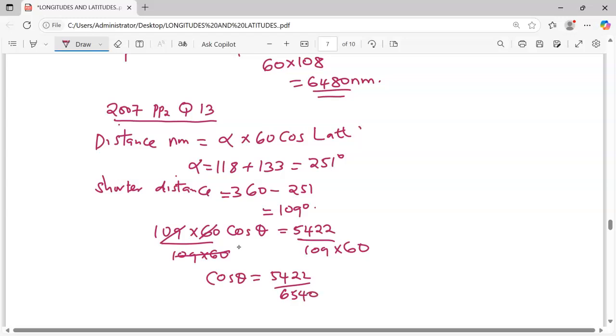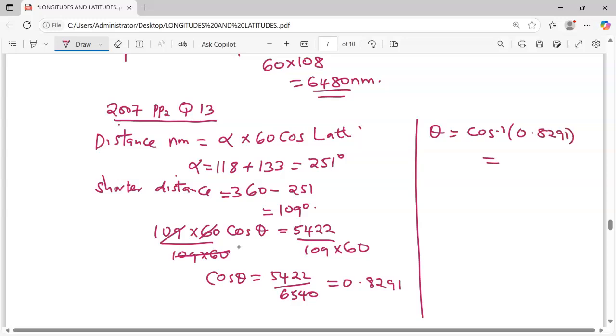And this one is going to give us an answer equivalent to 0.8291. And for us to get the angle theta, we must get the cos inverse of 0.8291, and this one is going to give us 33.99 degrees, which is approximately 34 degrees, and this one is going to be towards the north.